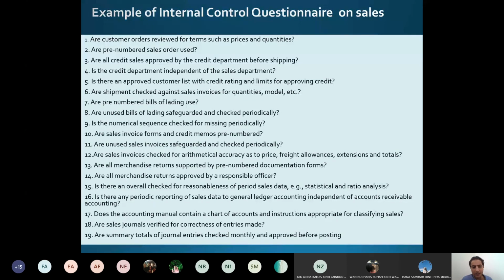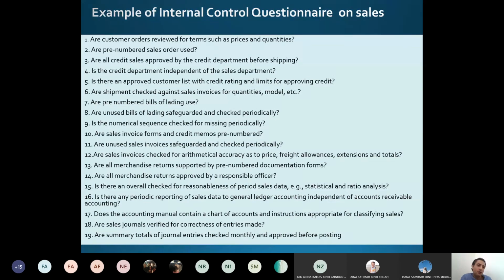Are pre-numbered sales orders used? Okay, so remember, a sales order is different from a customer order. A sales order is internal. If the company uses pre-numbered documents, it means they have good internal control. Why is it good? Because when the auditor comes to check, let's say there is a missing sales order number, the auditor will ask why sales order number 156 is not available.